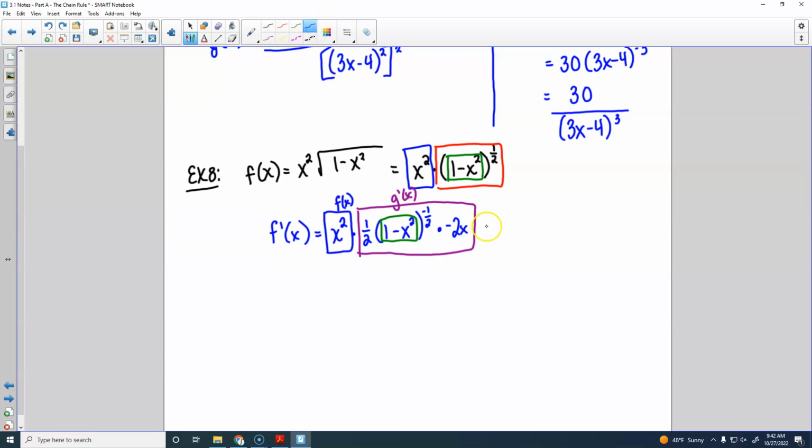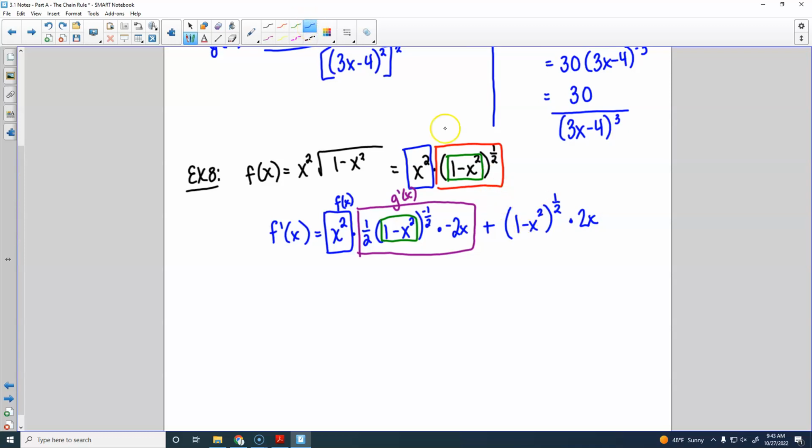So I've got to do plus g of x, which is what's in that red box there, 1 minus x squared to the 1/2 power, times the derivative of x squared, which is 2x. So this part right here, let me label it.